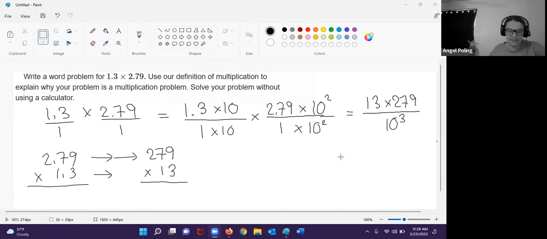And as a result, I'm going to use a calculator this time. We had 279 times 13. We have the answer 3627.